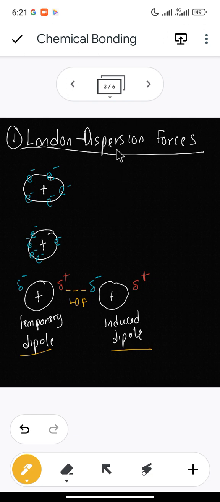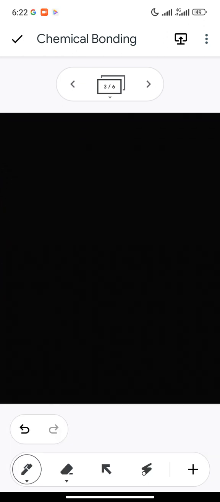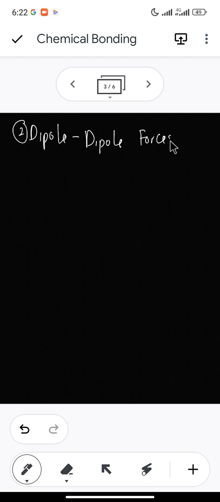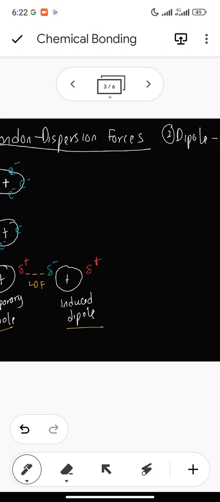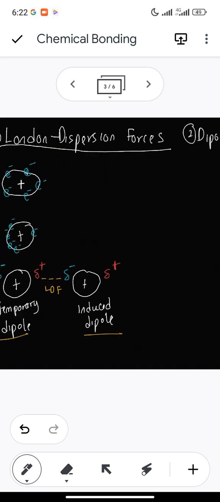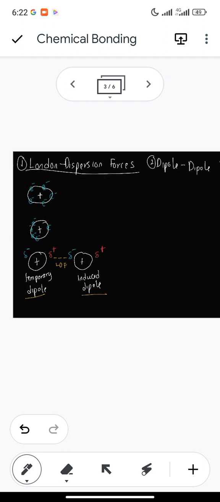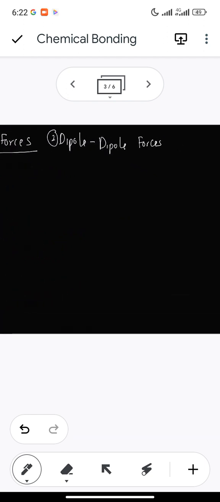So we talk about the next subcategory of the van der Waals forces, which is the dipole-dipole forces. Okay, I didn't give an example of this. Let's see. Okay, I'll give an example actually.